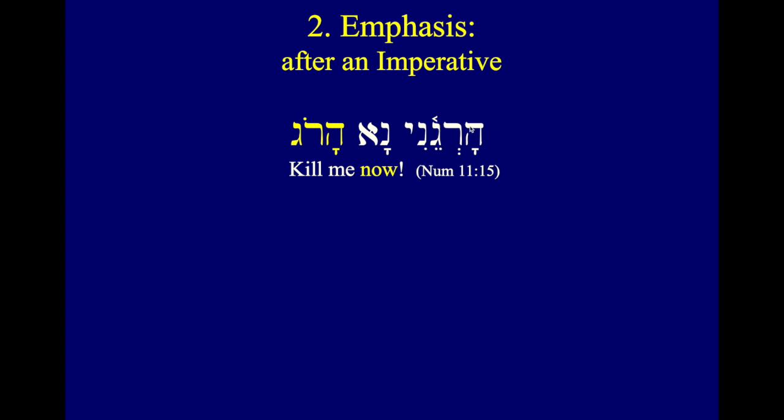So this is actually like kill. This is the imperative form here. It's a slightly strange form. Don't worry, we'll get to adding object suffixes onto verbs later. But kill me, and then na, which is that untranslated particle that goes with imperatives or other expressions of will. Some people say it means please. It doesn't really.